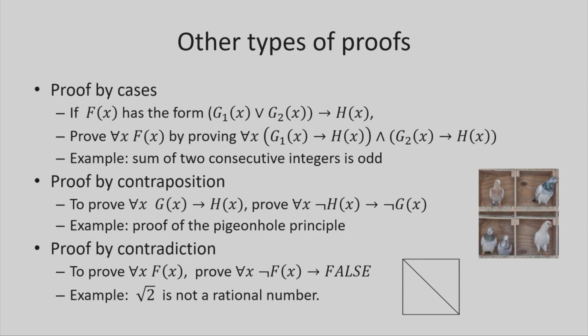But in the next few lectures, I'm going to show you some other types of proofs which are slightly more involved. And the only difference is that instead of proving whatever statement under a universal quantifier directly, we will look at the structure of that statement and maybe prove something equivalent to it. For example, its contrapositive, to conclude that the original statement was true.